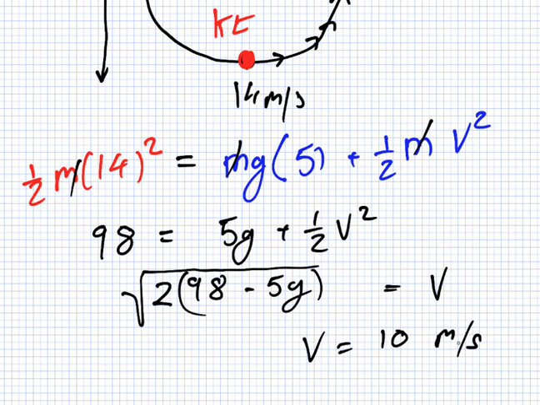Okay, there's a second part which says, show that the ring will just reach the highest point. So what we want to do, the ring starts here, and it goes all the way to the top.